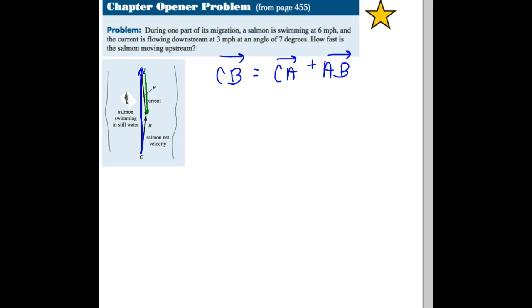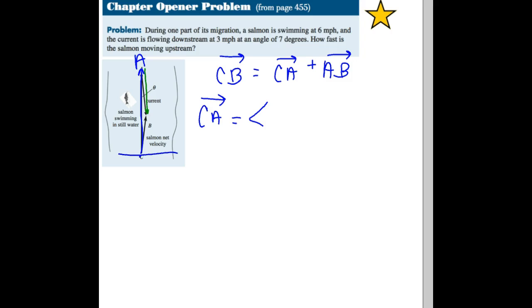Okay, so kind of like the plane one, we've got to come up with component forms for our two vectors. So what do we know? Let's start with CA. What do we know about this vector? This is A up here. CA is going straight up, due north.